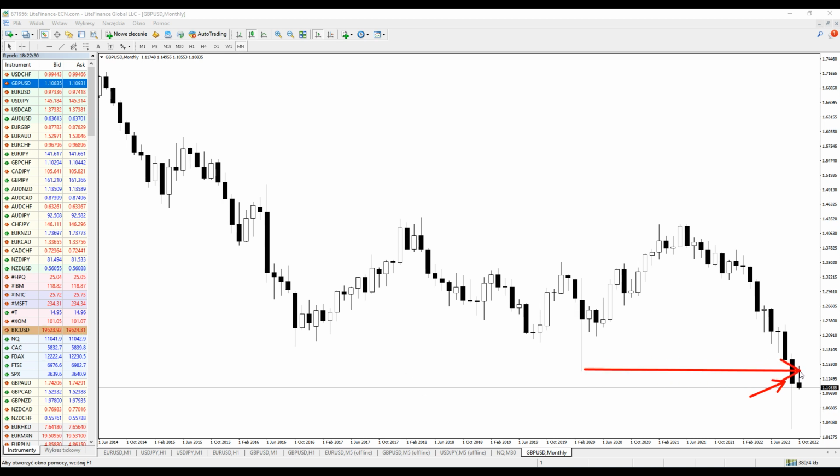We just saw the retest at the beginning of this month and still had the rejection. So I would say that parity is the name of the game on the cable, and we might see some kind of stabilization only when the price gets back above 120.